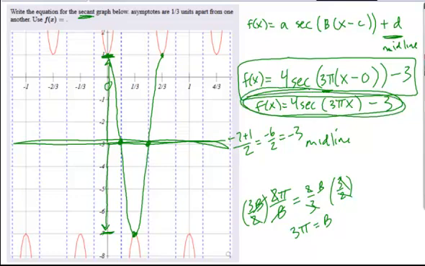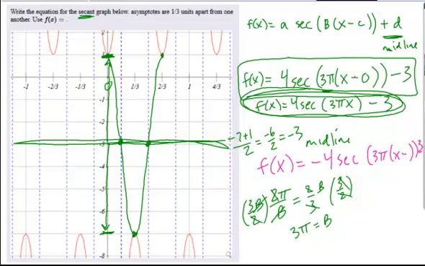Now, I had mentioned earlier that you can put a negative in front if you want. So if I thought of my a value, my first number, as a -4 times the secant of, everything else stays the same except my shift might change.